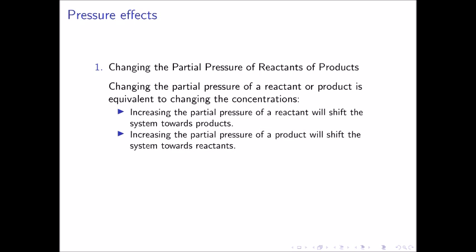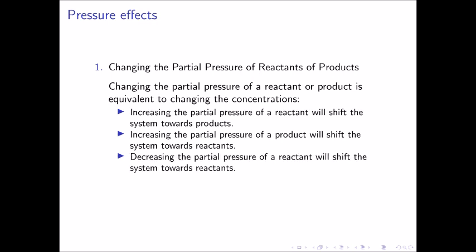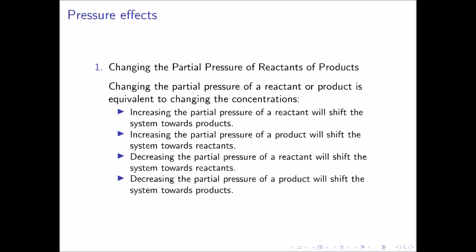By increasing the partial pressure of a product, we will shift the system toward reactants. By decreasing the partial pressure of a reactant, we will shift the system toward reactants. And lastly, by decreasing the partial pressure of a product, we will shift the system toward products.